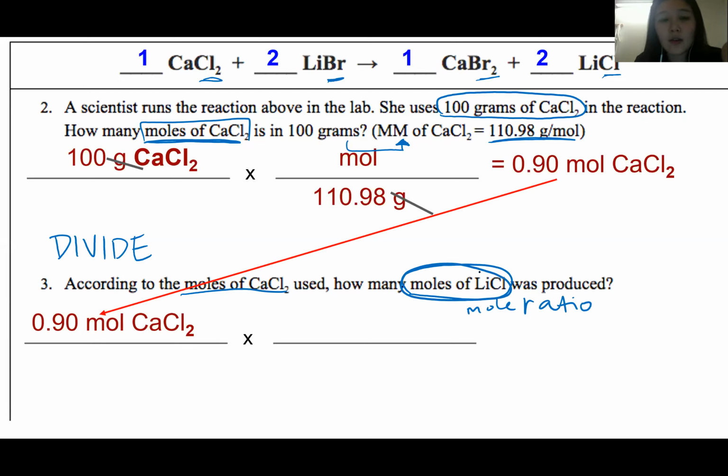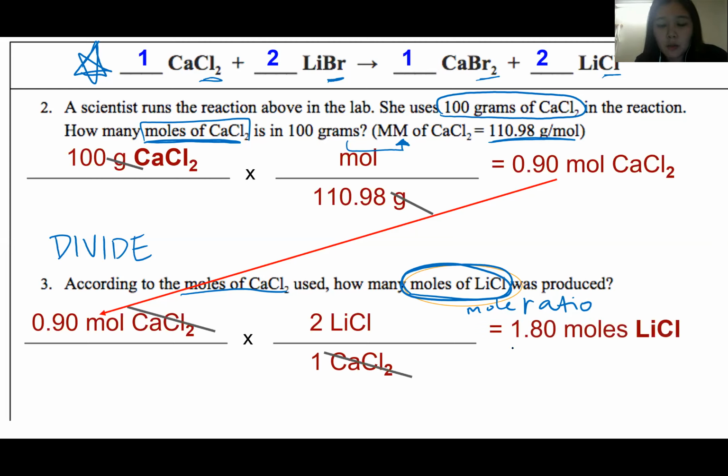If we look at our recipe right above here, for every 2 LiCl we have 1 calcium chloride. So we're going to do 0.9 times 2 equals 1.8 moles of LiCl. That's the answer for number 3.